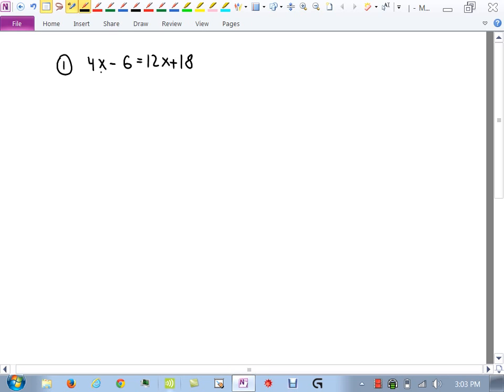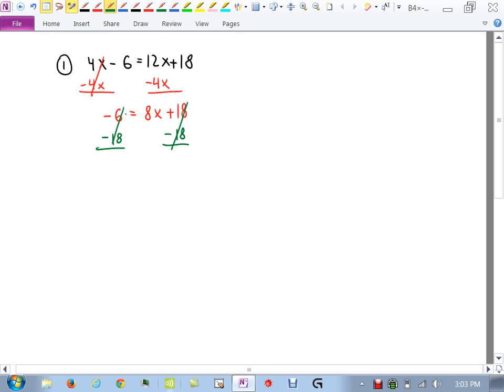All right, here's the first problem. I'm going to move through these quickly. I want to isolate the variable x, so I will subtract 4x on both sides. And when I do that, I'm left with negative 6 equals 8x plus 18. Now I'm also going to move the 18 so that I can get the x term by itself. So I subtract 18 on both sides.